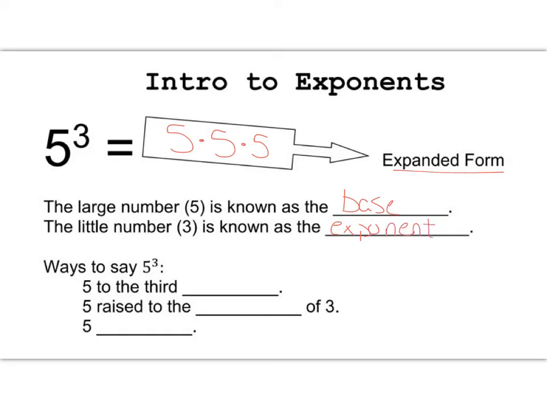So we could read this as 5 to the third power. You might see 5 raised to the power of 3. And since it's the third, and we've talked about this, we could say that that is 5 cubed. All of that was stuff you already knew about exponents. Now let's review some more.